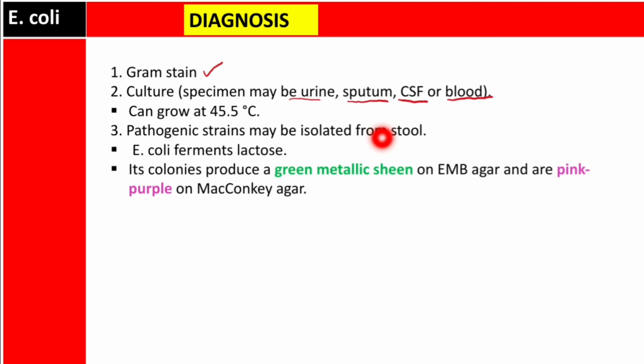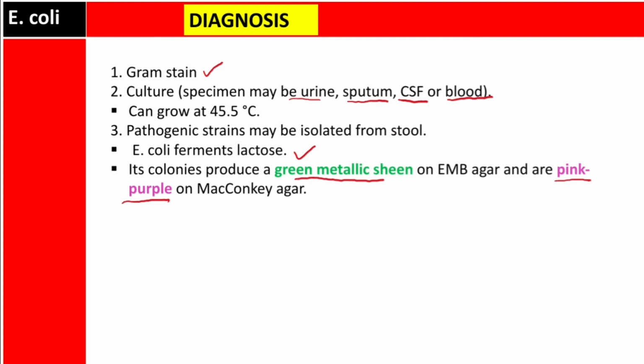And E. coli, very important fact, it ferments lactose very fast. So its colonies produce a green metallic sheen on EMB agar, and a pink purple on MacConkey agar. One more time, this is very important.